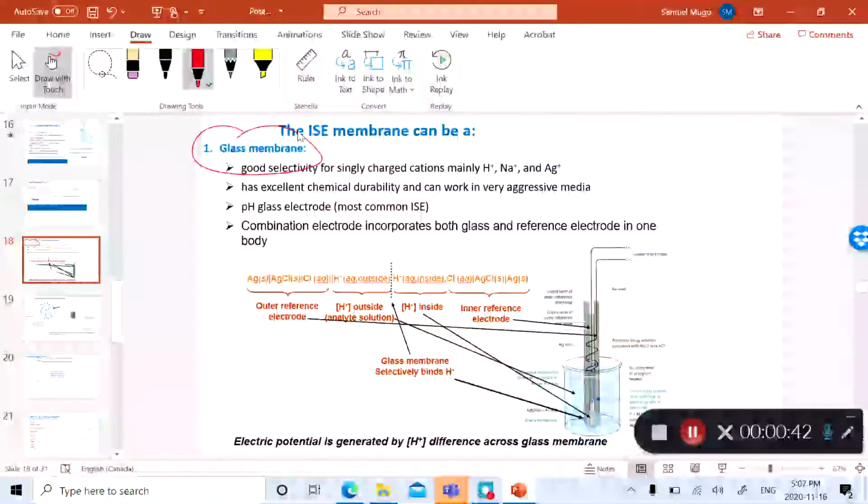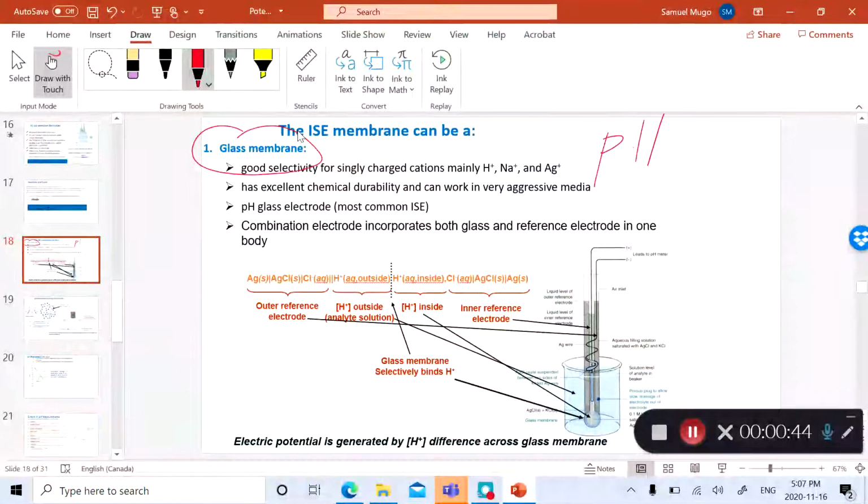The glass membrane is what you would call the pH sensor, the pH ion selective electrode. Glass has good selectivity, particularly to hydronium ion. Of course, that's why it's a pH sensor, but it's not 100% selective to hydronium ion.